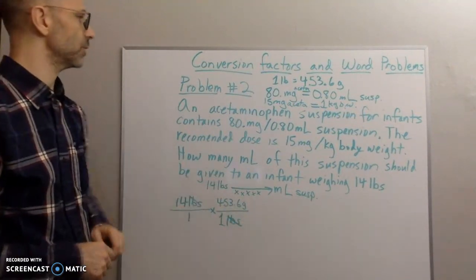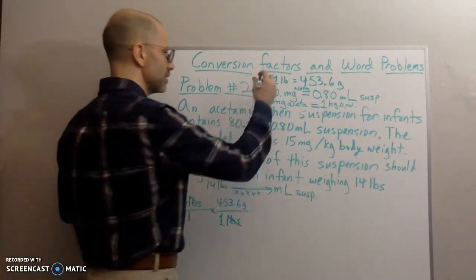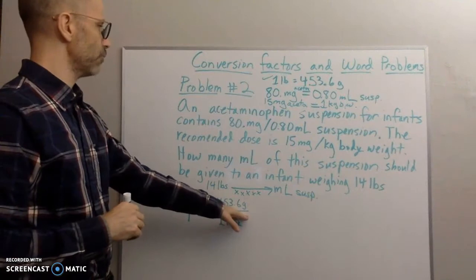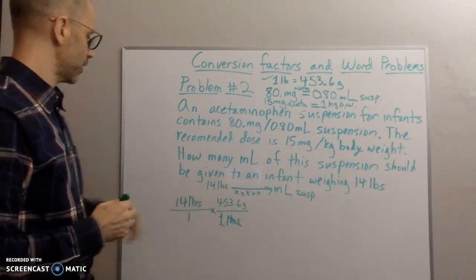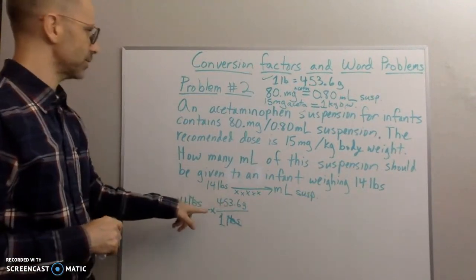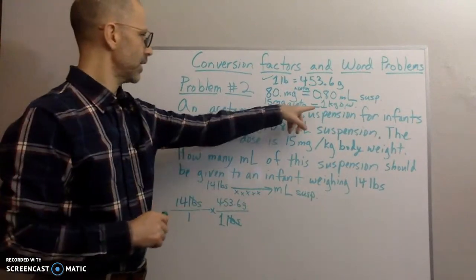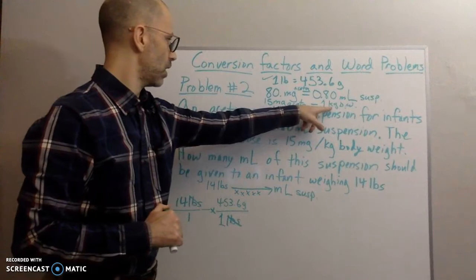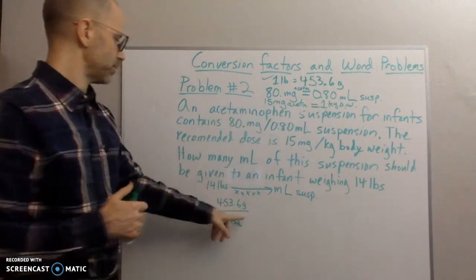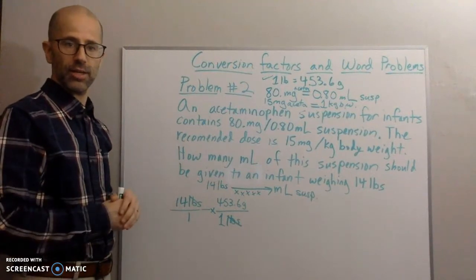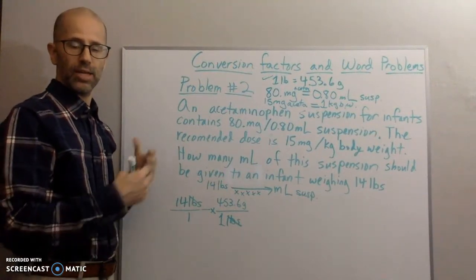I'm done with this equality, so I'm not going to use that again. Now I have grams of body weight. But in order to use body weight here, I need to get to kilograms. So I need to use my metric to metric equality.